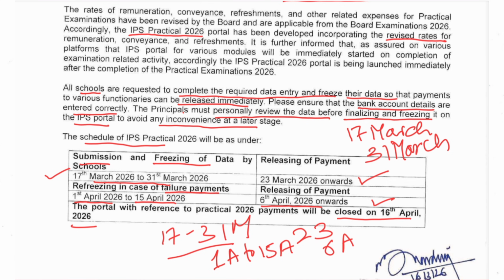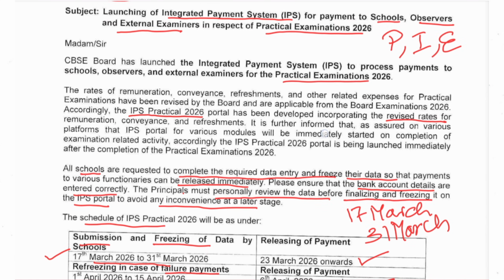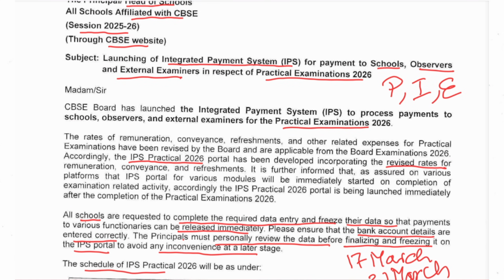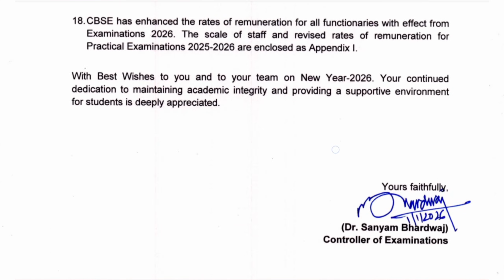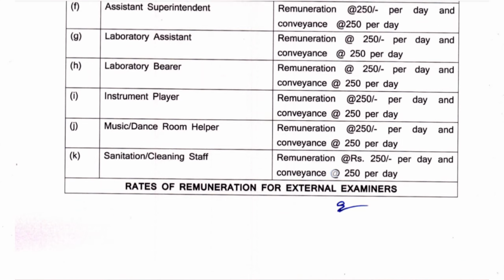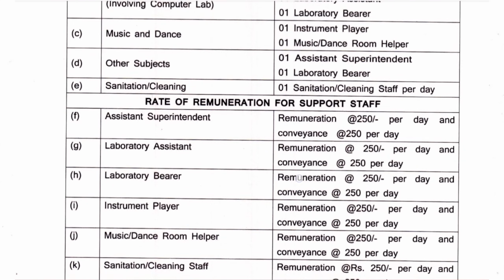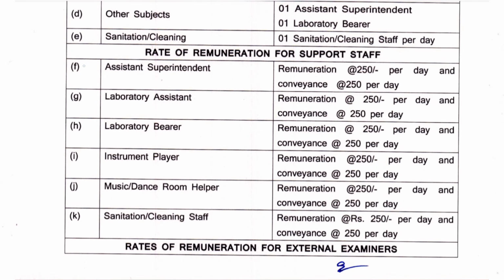Now let us see the practical remuneration payment, how much they are going to pay. For those details, we will see the previous circular released by CBSE on 1st January 2026. If we scroll down here, the remuneration details are given. The assistant superintendent, who is nothing but the internal examiner, is going to get payment of 250 rupees per day and conveyance charge of 250 per day.